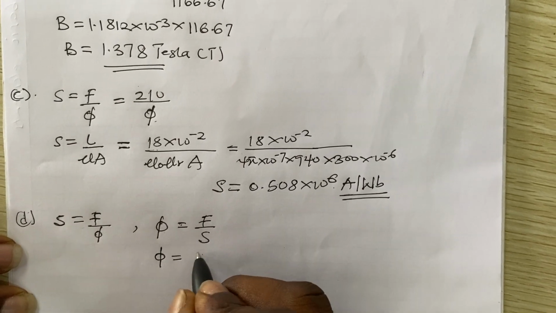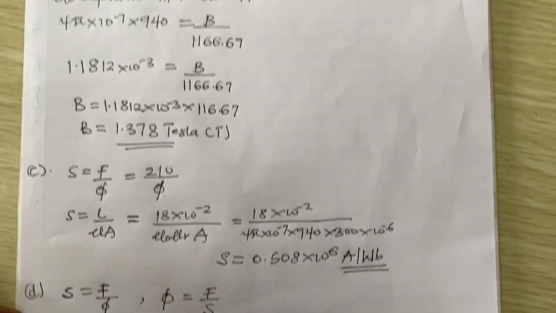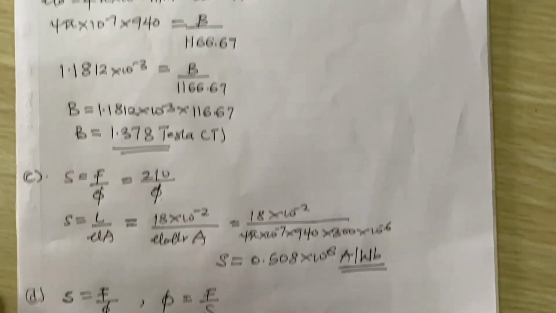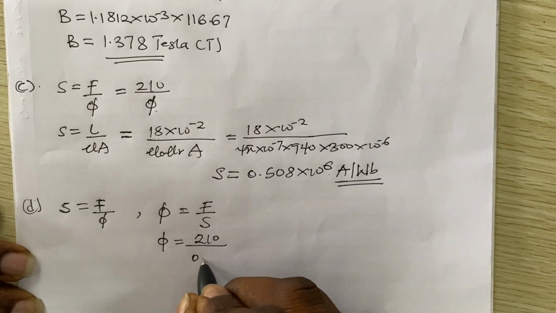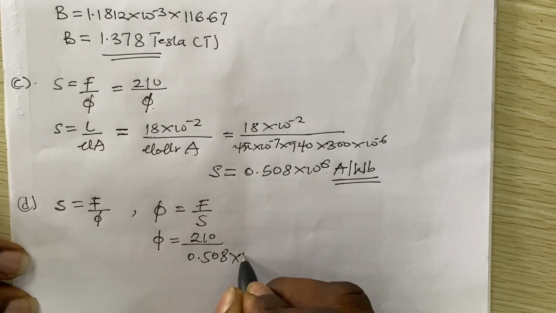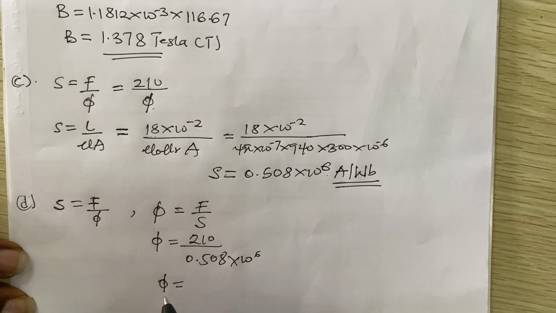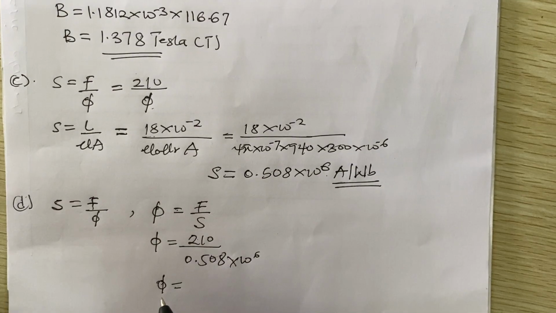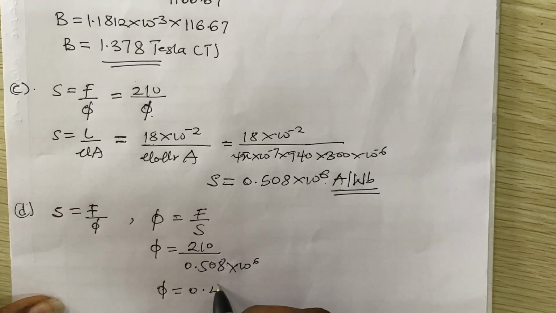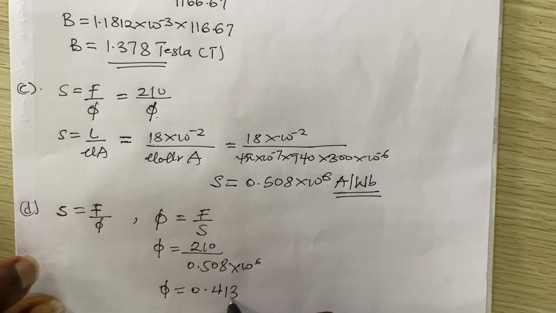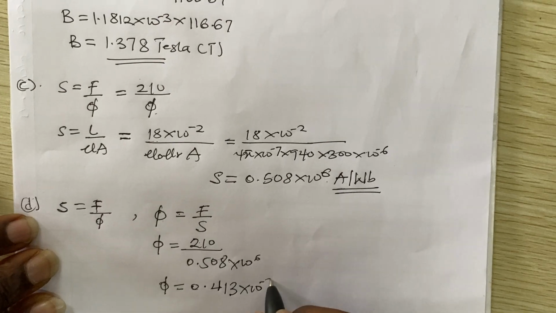Therefore, flux is equal to the force, which is 210 divided by 0.508 times 10 power 6, and flux would be equal to 0.413 times 10 power negative 3 Webers.